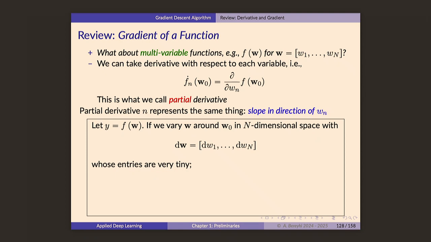And then if I'm at one particular point W, like this, one vector, I can move a tiny bit in one direction, right? And now in this 2-dimensional case, how many directions can I move?